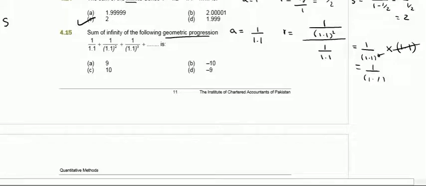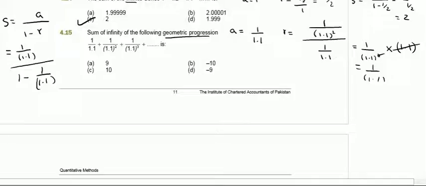Now our S equals A divided by 1 minus R, which will be A, which is 1 over 1.1, divided by 1 minus 1 over 1.1.